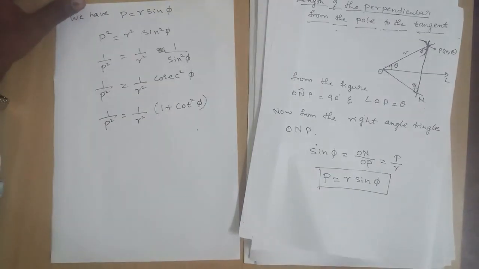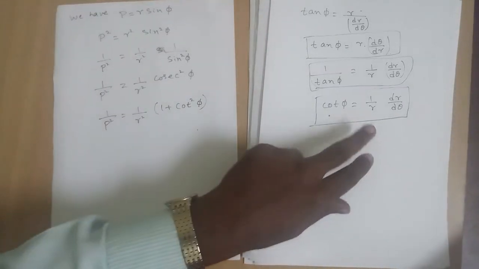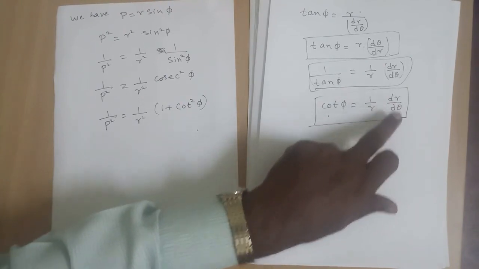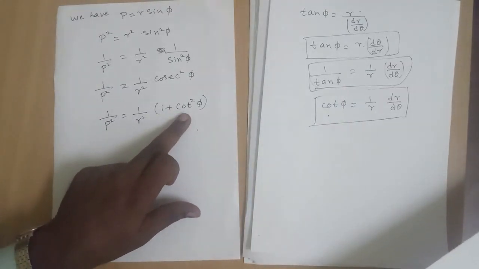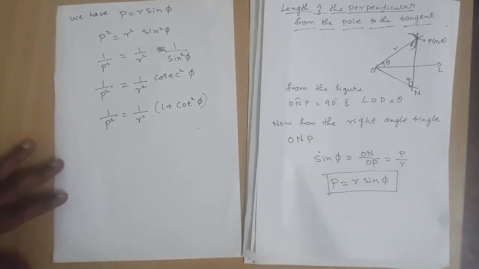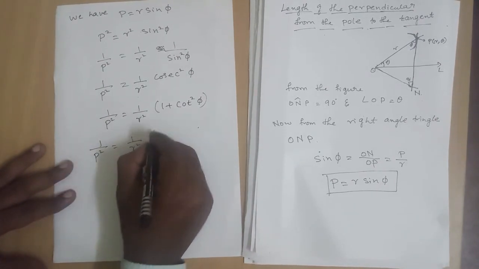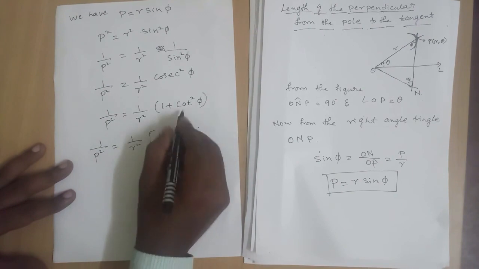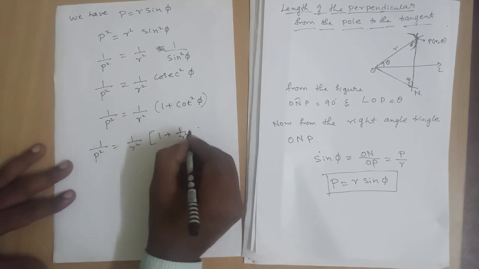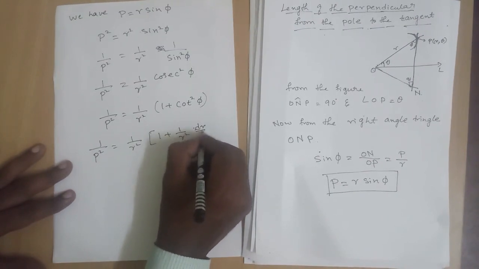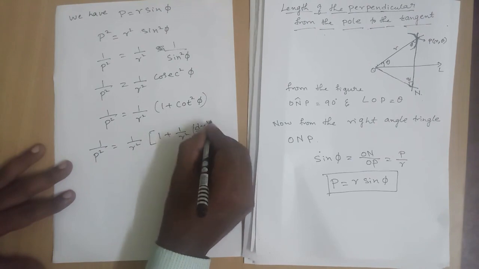But we know what cot phi is. Cot phi is 1 by r into dr by d theta. So substitute it here. So what we get, 1 over p square is equal to 1 over r square into 1 plus 1 by r square into dr by d theta whole square.